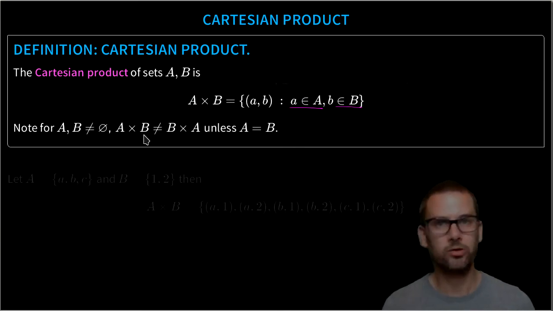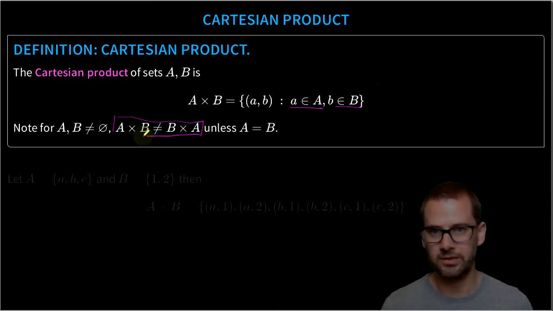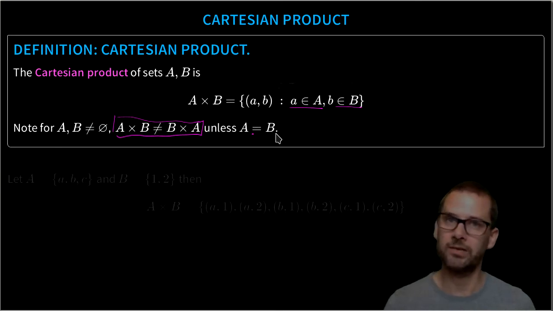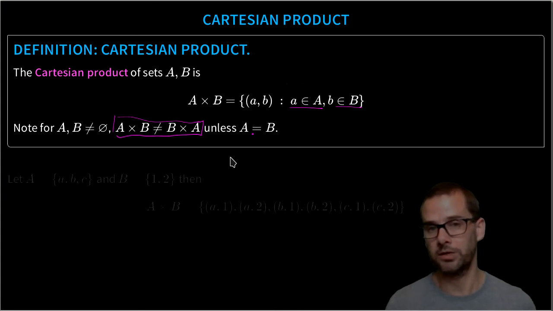And because of that, with a little bit of care, we can work out that if A and B aren't empty, then A times B is not the same as B times A unless A and B are the same. So this Cartesian product, A times B, B times A, those are only the same if one of A and B is 0, or the empty set rather, or A and B happen to be the same set. So be careful, they don't commute in general.